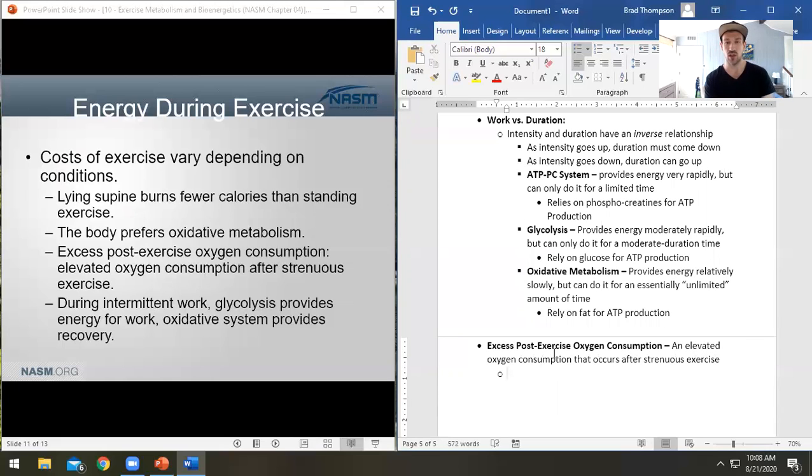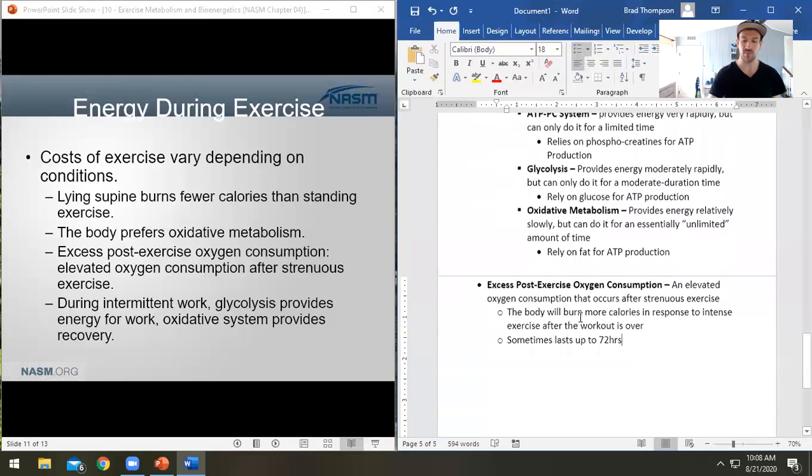So the body will burn more calories in response to intense exercise after the workout is over, sometimes lasting up to 72 hours. So this is really what we're trying to do.